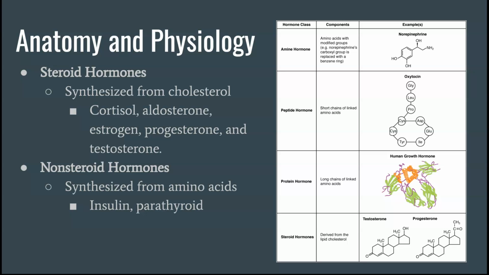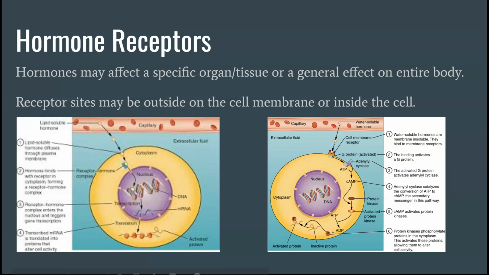On the other side, you have your non-steroid hormones, right? So insulin and parathyroid hormones, they control your blood sugar and your blood calcium, respectively. So there are different hormone receptors on different organs, okay? For the most part, each hormone can be relatively specific based on the tissue where the receptor is found.